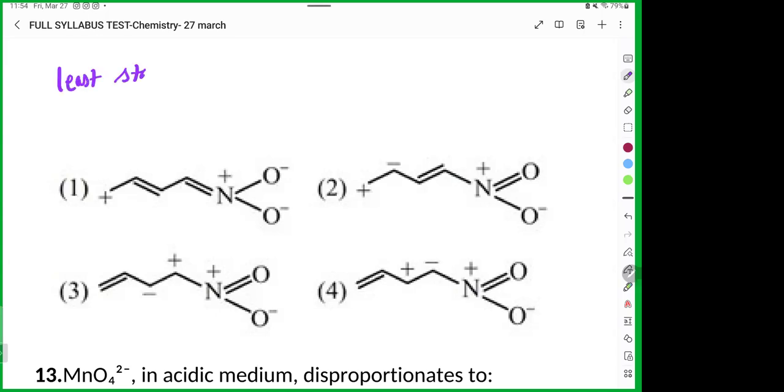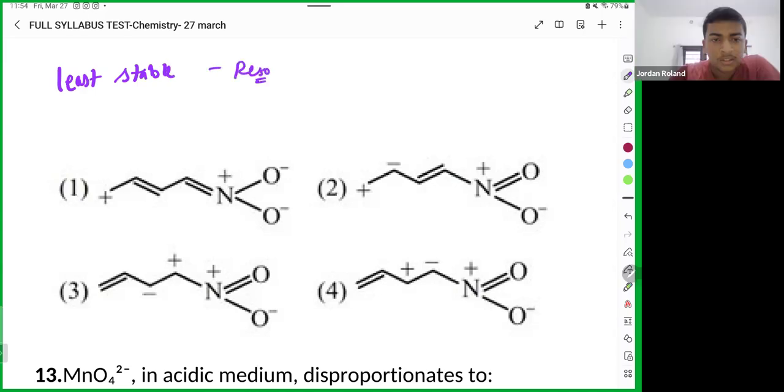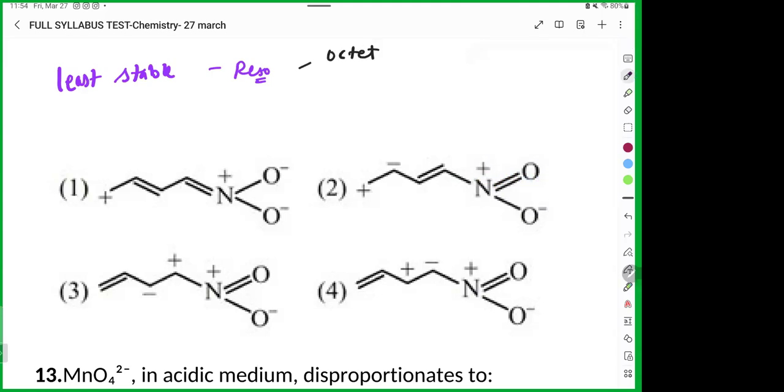In case of resonance, the octet rule should be properly followed. Minimum charge should be present in case of a stable compound.